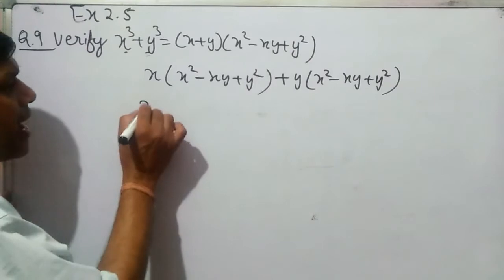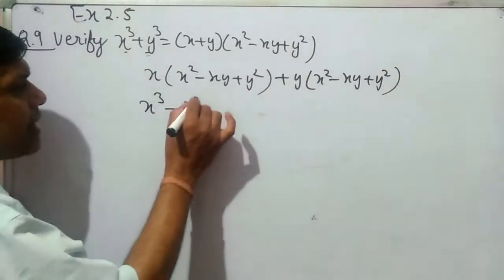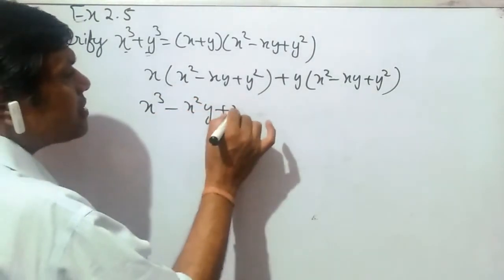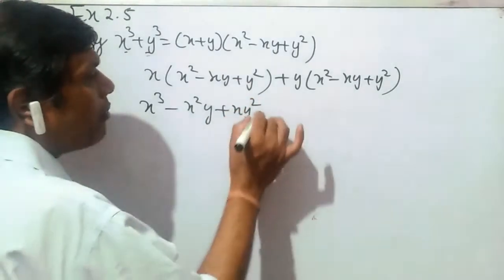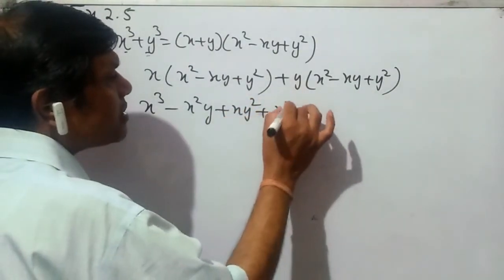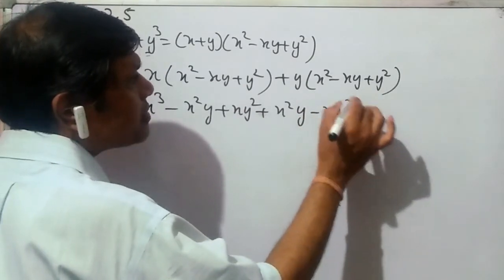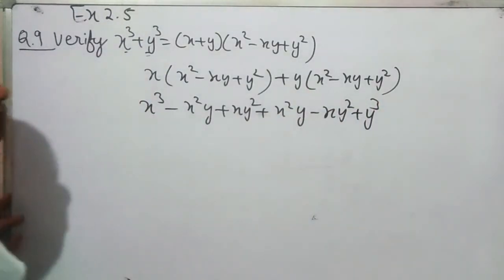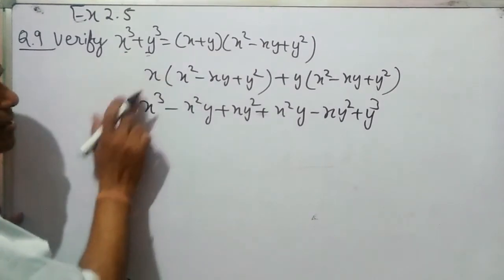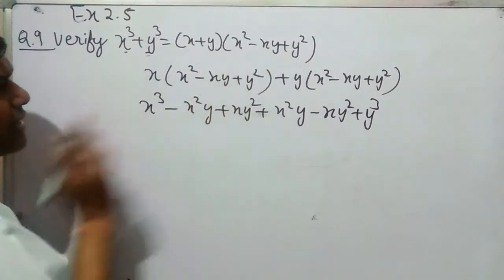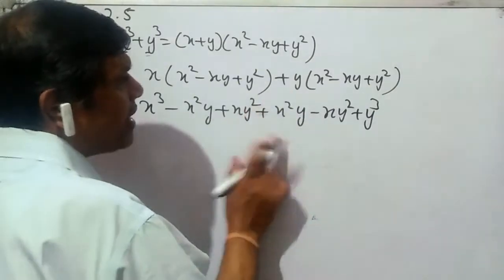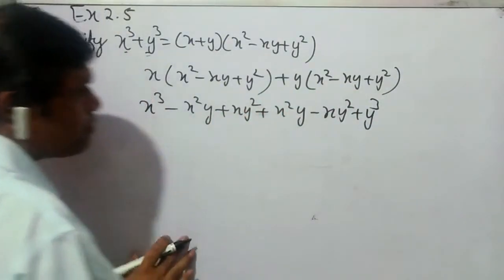What we shall get is x cube minus x square y plus xy square plus x square y minus xy square plus y cube. X cube as such, x square y as such, xy square as such, x square y as such, xy square as such.